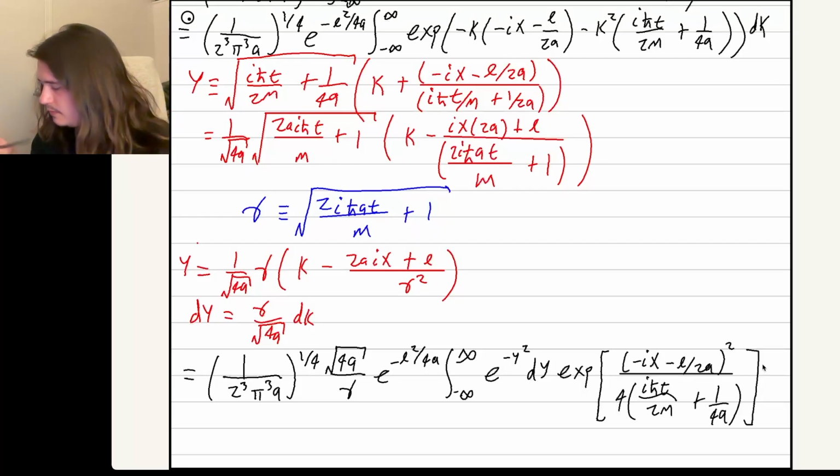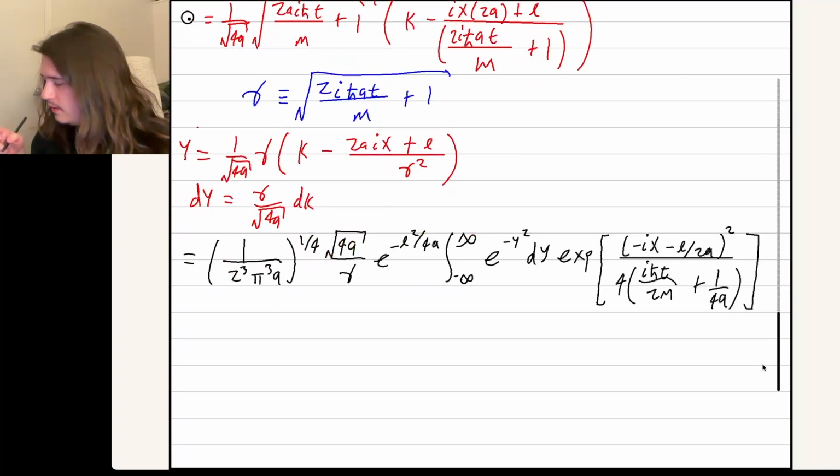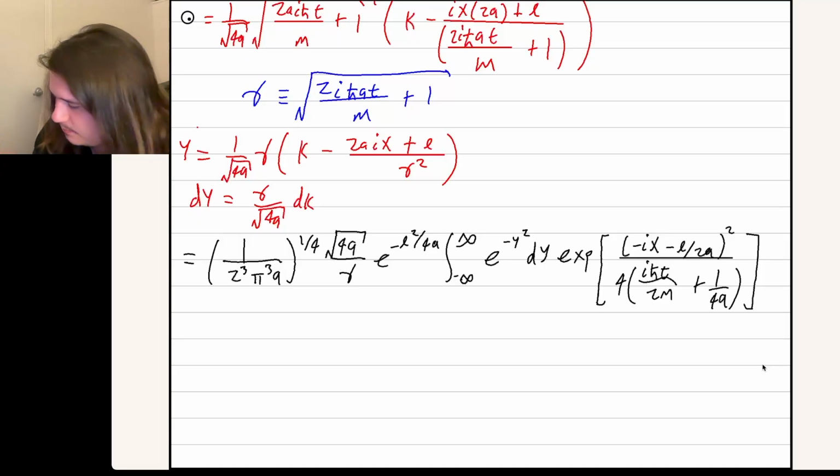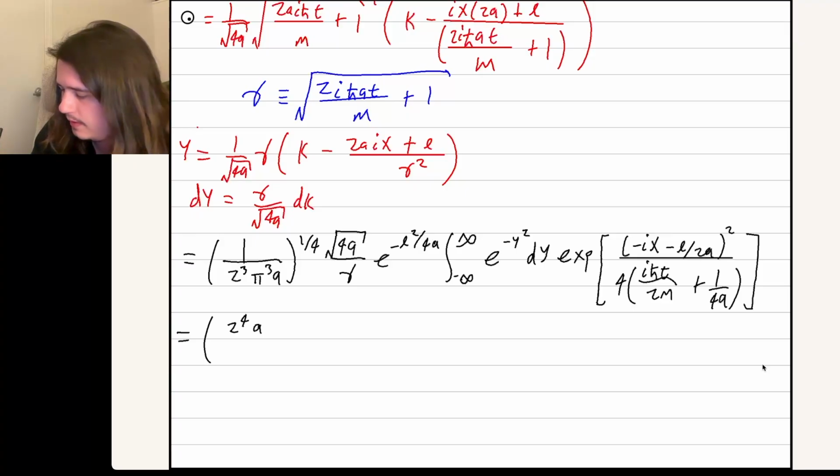That's how you complete the square. So let's keep simplifying. We're going to move the 4a into the 1/4 bit, so we're going to have 2 to the 4th a squared in there over the 2 cubed pi cubed a.